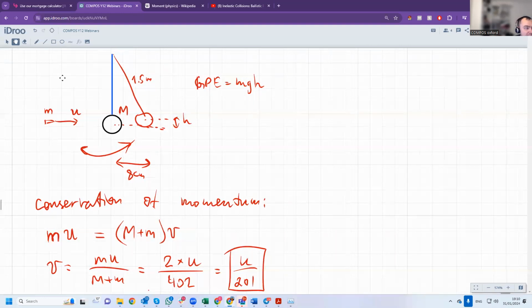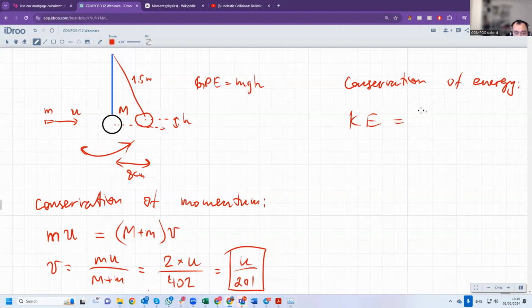Now we do conservation of energy. Just after the hit, the pendulum has kinetic energy. So kinetic energy is equal to gravitational potential energy. Kinetic energy is 1/2 (M plus m) v squared, which equals (M plus m) gh, because the total combined mass is M plus m.